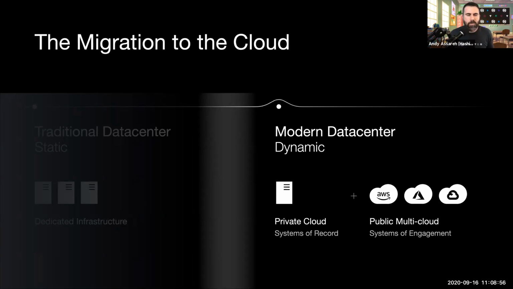And we tend to see the split today, where large enterprises especially maintain their private clouds, their on-premise, physical data center resources, and that's because that's where their systems of record tend to stay. This characterization is really promoted by Gartner, where you have a systems of engagement, systems of record split.